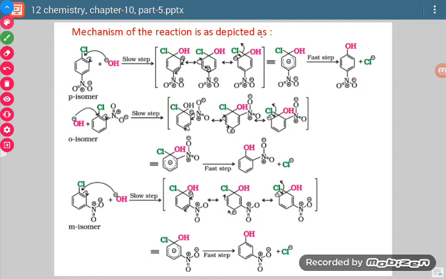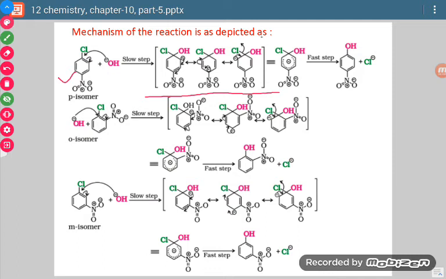It is clear from the mechanism. When there is a nitro group at the para position, what happens? When the OH group gets attached, there is development of negative charge at the ortho position, and when we see the resonating structures, the negative charge moves on to para and ortho positions.